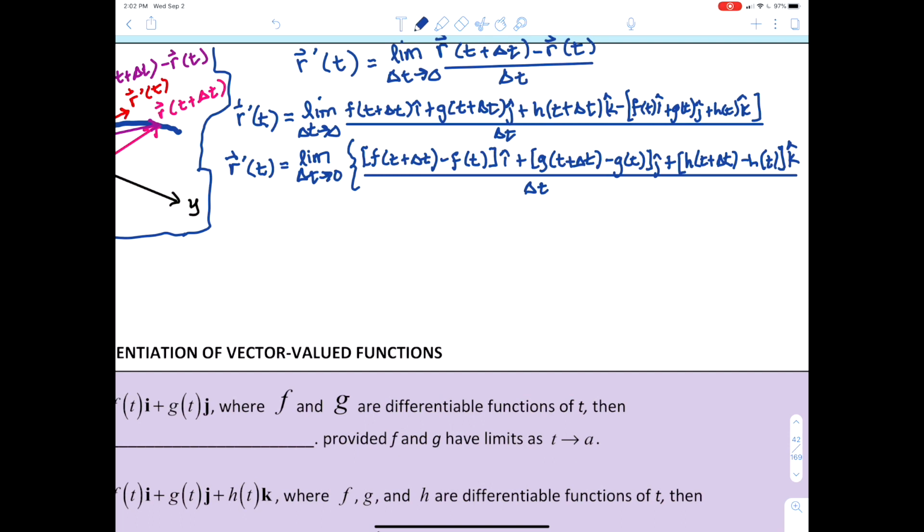But we know that the limit of a sum is the sum of the limits, correct?